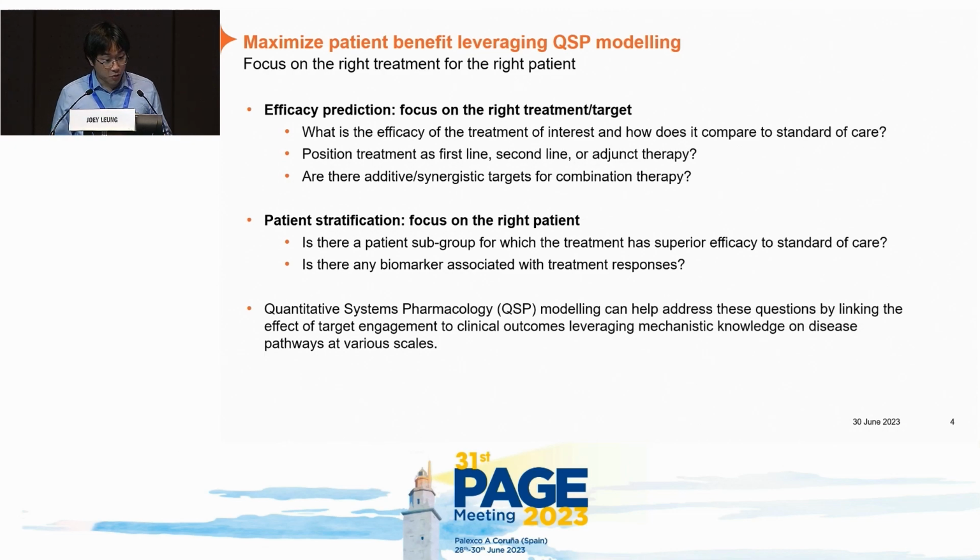QSP modeling is well suited to answer these two types of questions because we are able to link the effects of target engagement to downstream biological processes and ultimately to clinical outcomes using mechanistic knowledge of the disease.